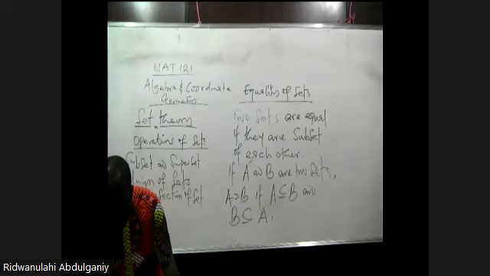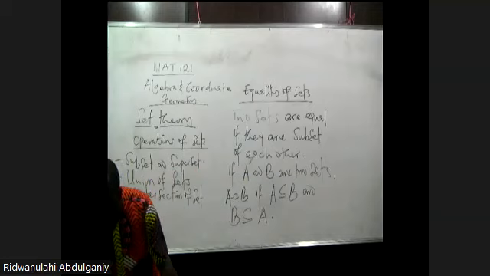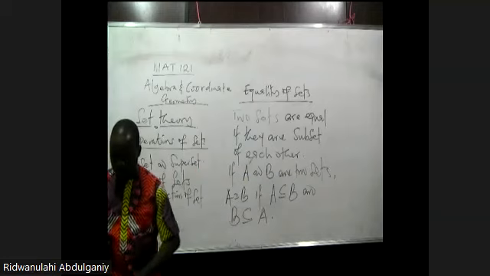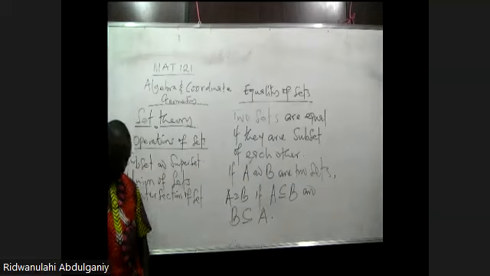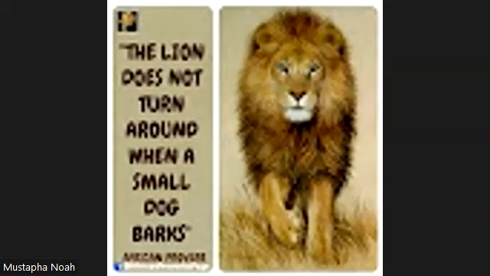Some hands are up. Let me start with Noah. Noah, kindly unmute yourself. Good evening, sir. Good evening, Noah. How are you? Fine, sir. Please, I have a question. Can we put the definition like this? Two sets are said to be equal if they are subsets of each other, immaterial of the repetition of the elements.